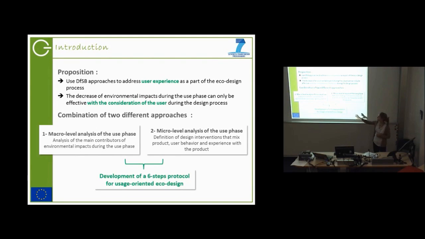The first one is a macro level analysis of the use phase, which will help the designers to analyze the main contributors of environmental impacts during the use phase. And the second one is more a micro level analysis that will help the definition of good design intervention strategies to influence user behavior and limit the environmental impacts in use.